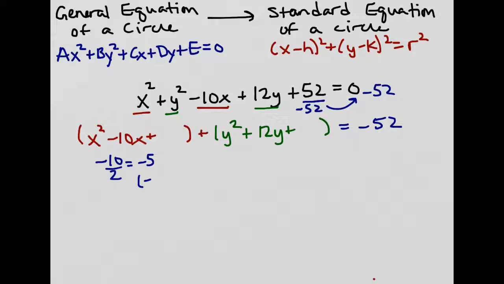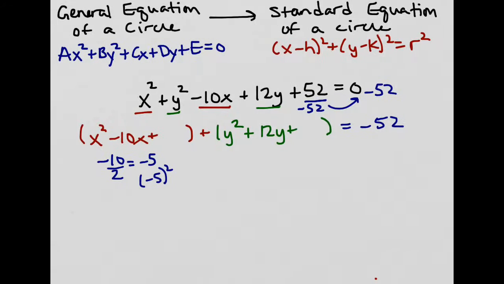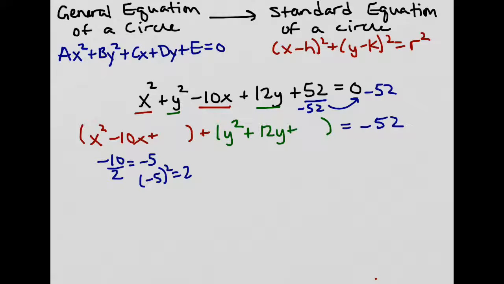When I square that term, I get 25. So that equals 25. So I'm going to add 25 to the left side, which means I'm going to add 25 to the right side.